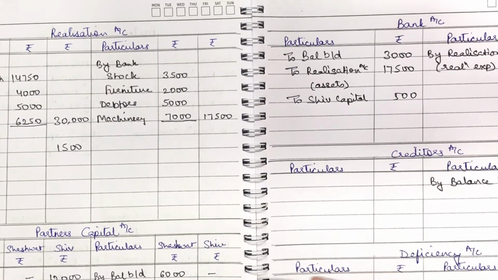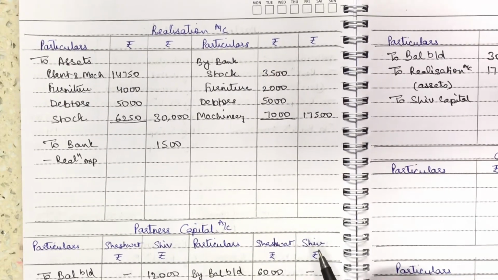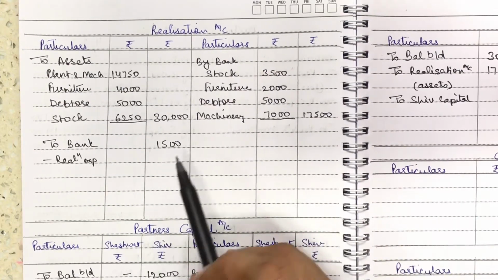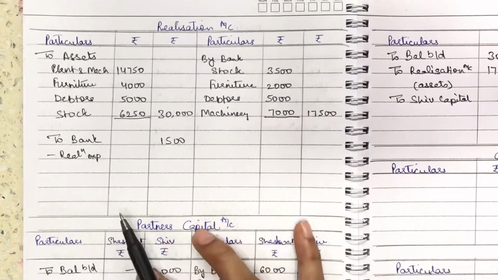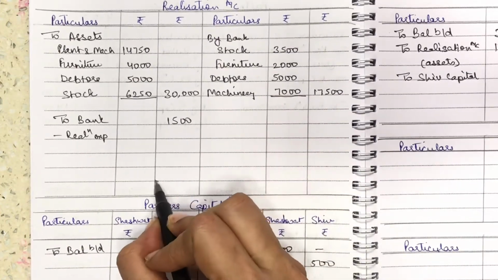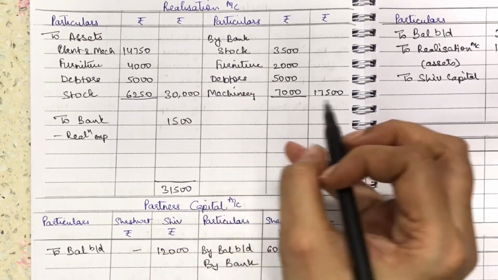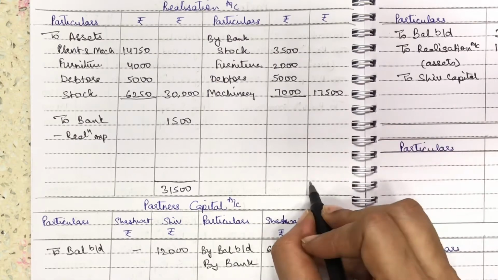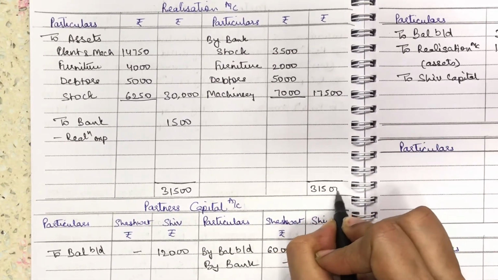So, let us first balance our realization account, find out total of debit and credit side. This side is 31,500, this side is obviously less. So, it is a loss on realization. So, write here 31,500 and this minus 17,500 will give you 14,000.